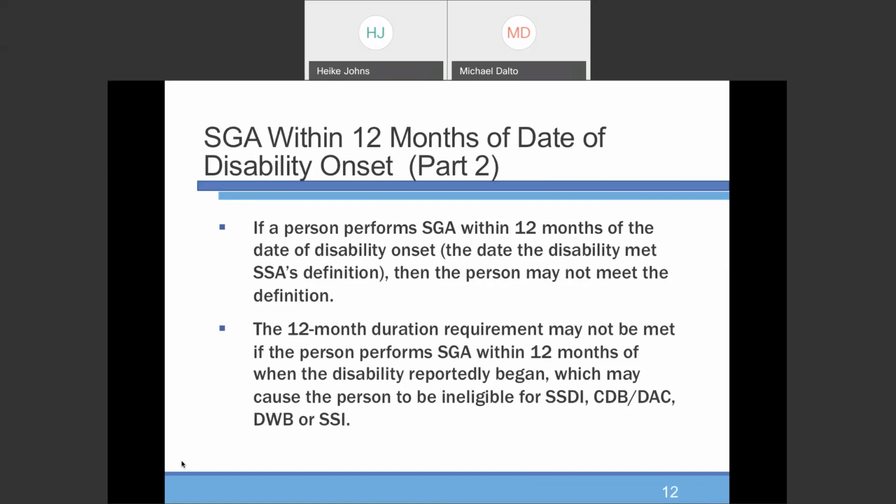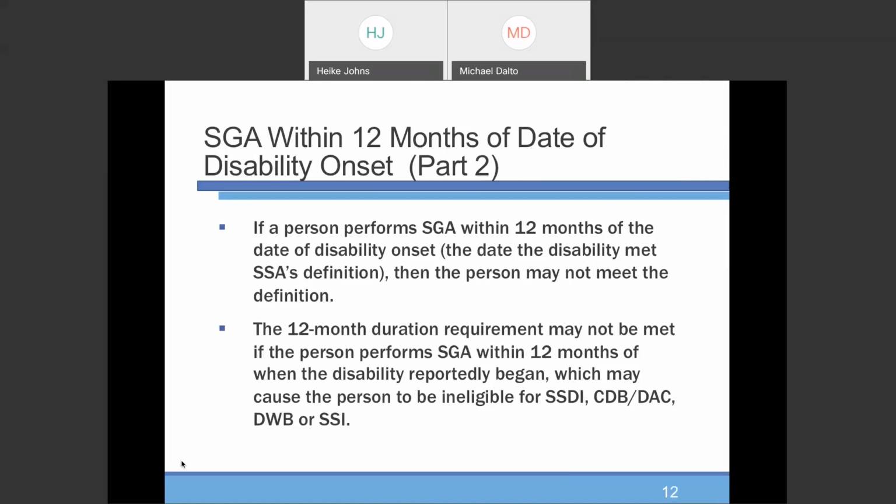So, looking at those two pieces to the disability definition, what you can figure out is, suppose a person did SGA within 12 months of the date of disability onset, the date that their disability met Social Security's criteria.